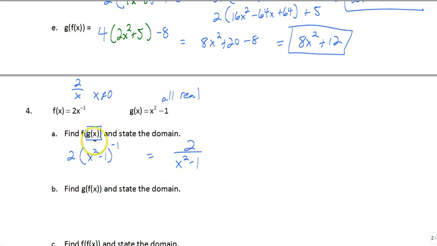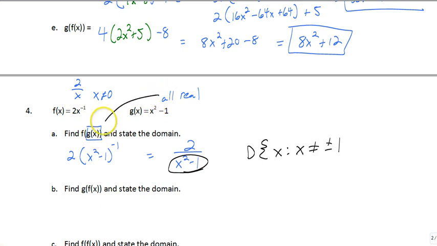And if that input was a restriction, but this input, we input x squared minus 1, which is all real. So that's not going to come into play. The only thing that matters now is that the domain is that x cannot be plus or minus 1. So it's always the domain of the bottom, or domain of the final answer, plus the domain of the input. But since the input in this case was all real, we're good.